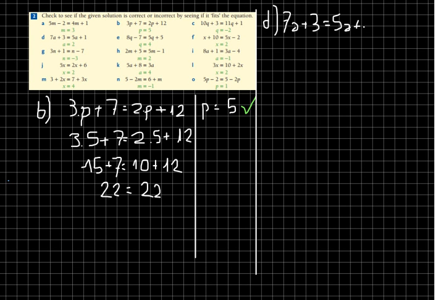And they're saying that the right answer is a equals 2. Alright, what are we going to do?